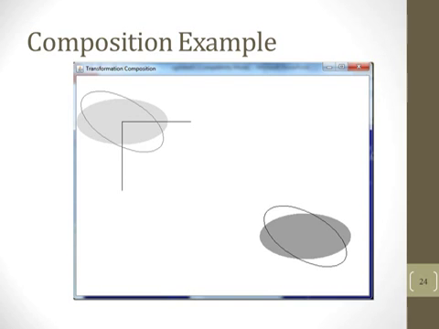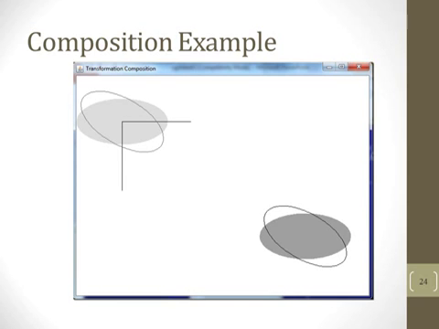So its center is located at 400, 250. The objective is to rotate the ellipse by 30 degrees around the center, which is 400, 250. To achieve this transformation, a composition of three transformations is used.